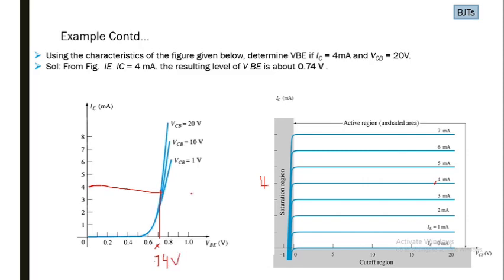So if input and output sets of characteristics are given, we can easily find different voltages and currents at the terminal level of this biasing configuration.